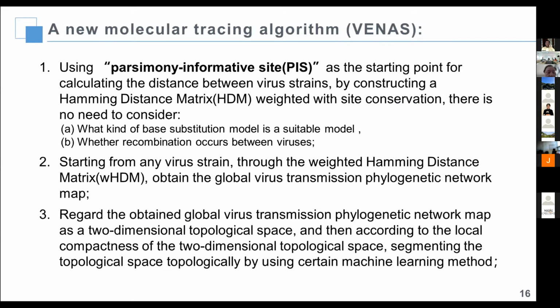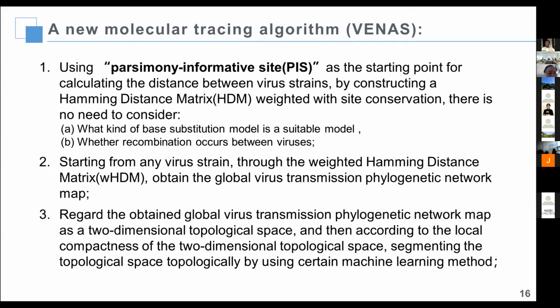Okay, so to propose our new molecular tracing algorithm, first we use the parsimony informative site set, PIS, as the starting point for calculating the distance between virus strains.